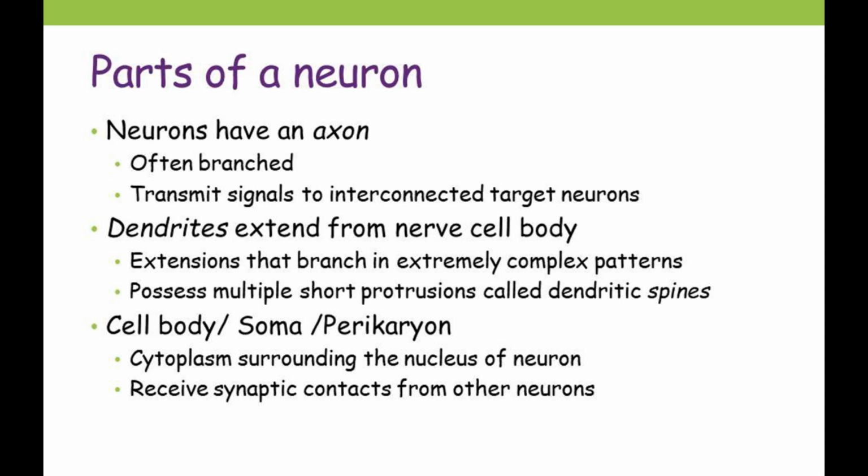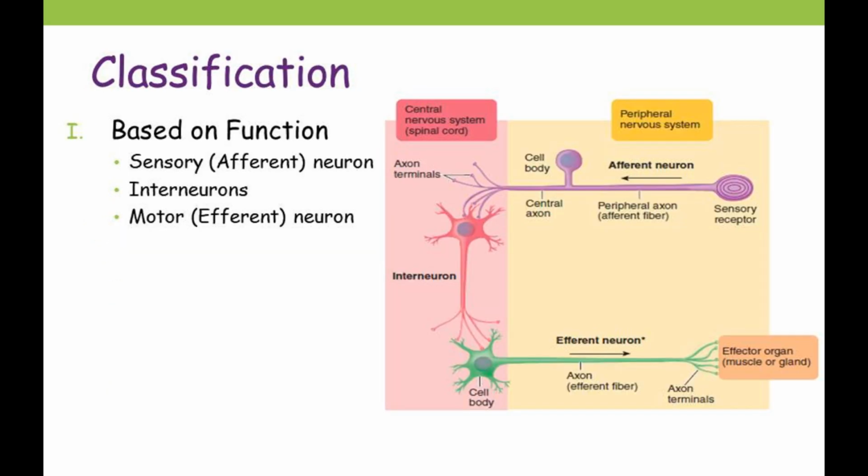They have multiple short protrusions called the dendritic spines. The cell body is also known as the soma or the perikaryon, and it contains the cytoplasm surrounding the nucleus. And the function of the cell body is to receive synaptic contacts from other neurons.